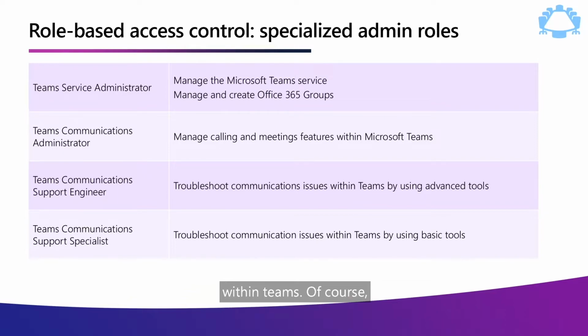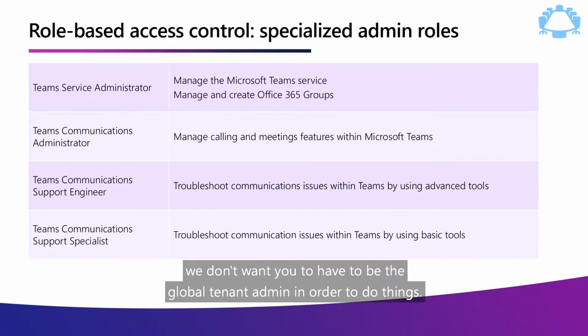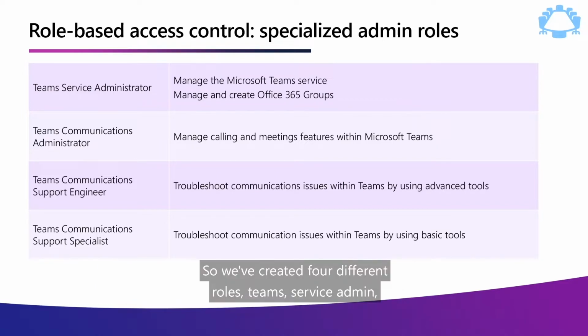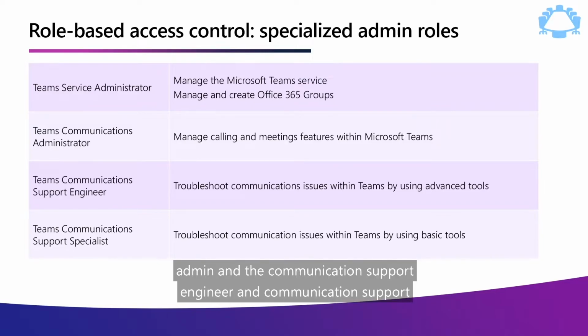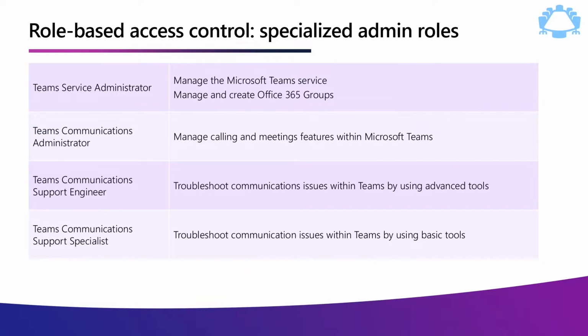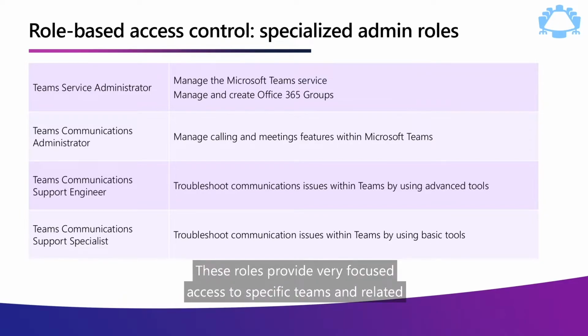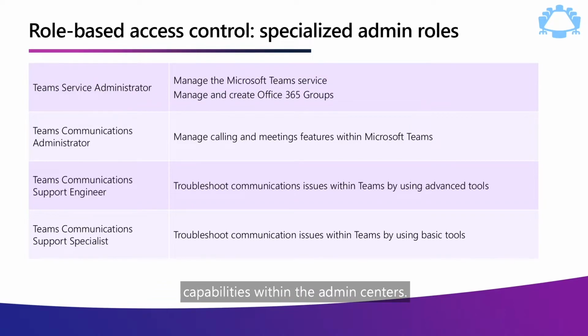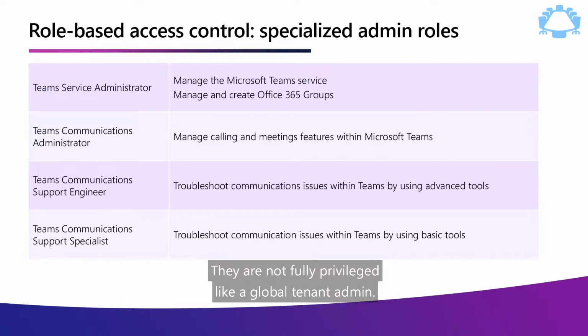Within Teams, of course, we don't want you to have to be the global tenant admin in order to do things. So we've created 4 different roles: Teams Service Admin, Communications Admin, and then Communication Support Engineer and Communication Support Specialist. These roles provide very focused access to specific teams and related capabilities within the admin centers. They are not fully privileged like a global tenant admin.